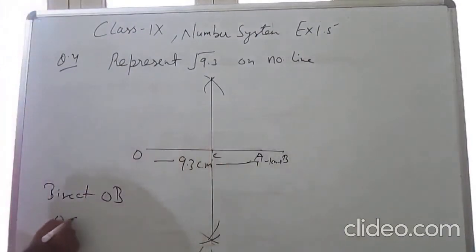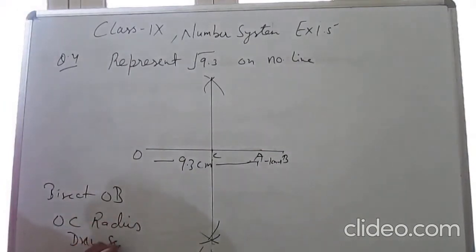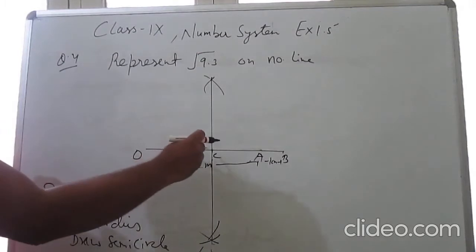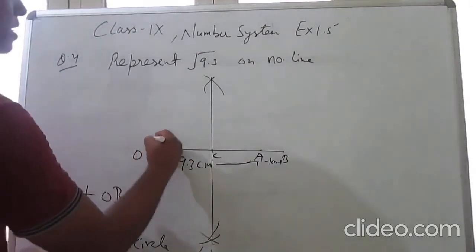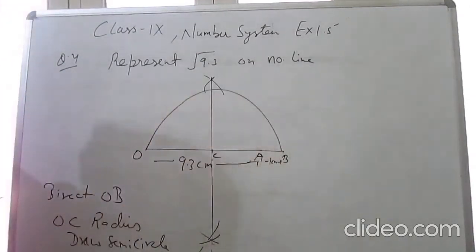Now take this point as C. Now take OC as radius like this and draw a semi-circle.